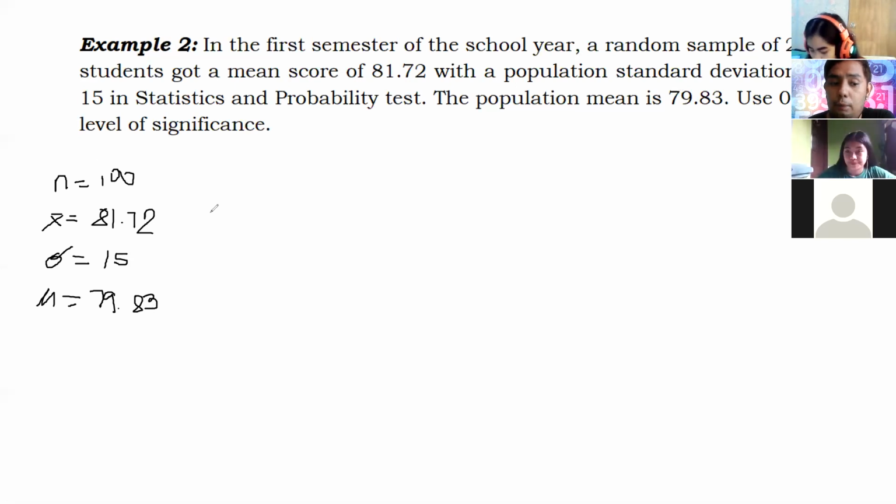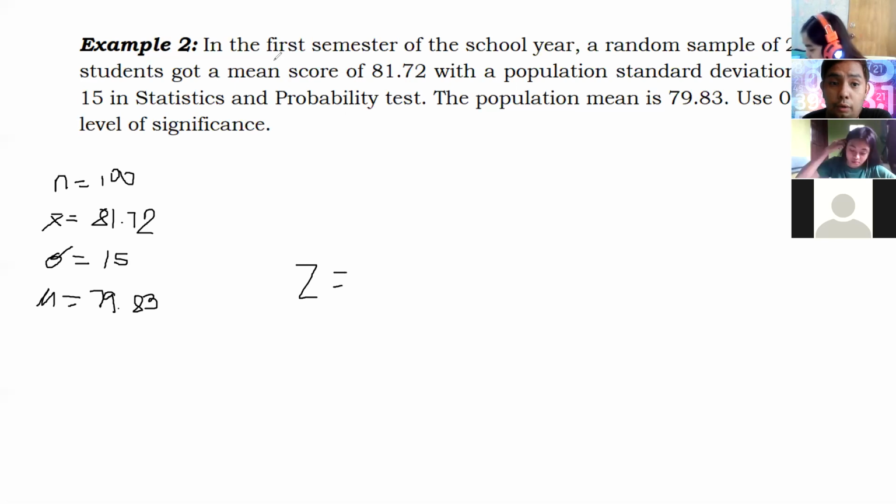Okay, so ito yung mga importanteng kailangan natin. Use the 0.05 level of significance. Later natin gagamitin yan kapag nasa decision making na tayo. For the meantime, we are focused on the z value. So mapapansin natin dito that n equals to 100. So ibig sabihin we'll be using the z value.